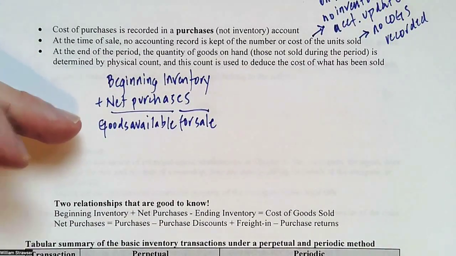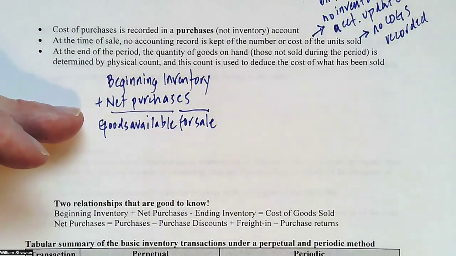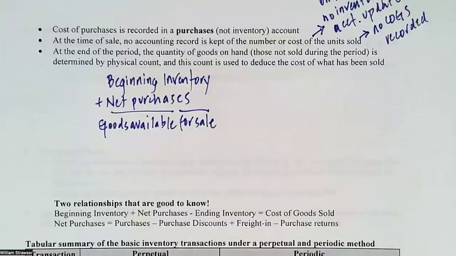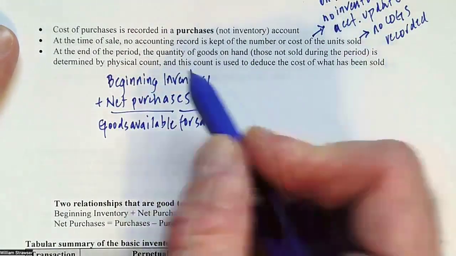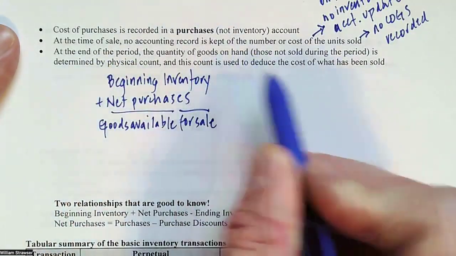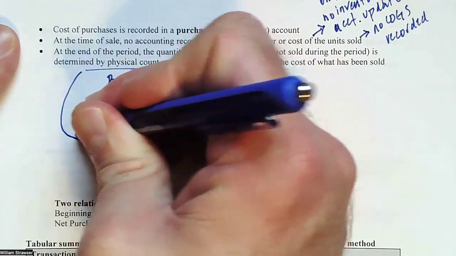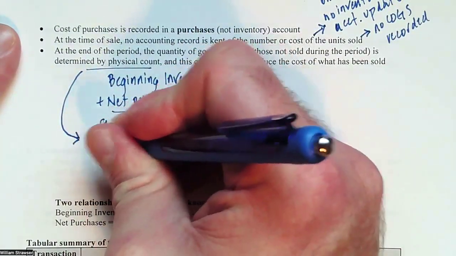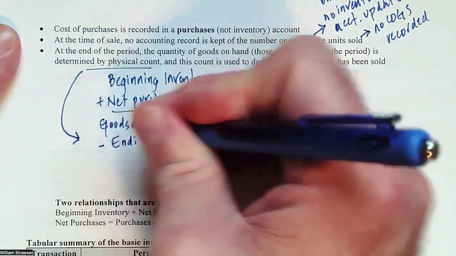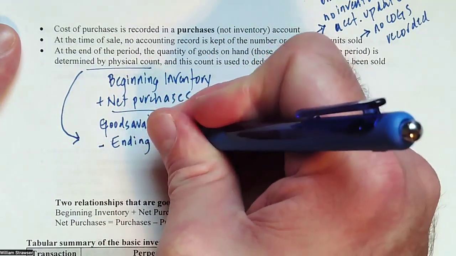But this is basically, if I add what I had plus what I accumulated, this is what I should have that could be sold. Now, the physical count at the end of the period is then used to give me my ending inventory. That makes sense. I'm just going to go around, count up the value of things that I still have around the store and in storage.